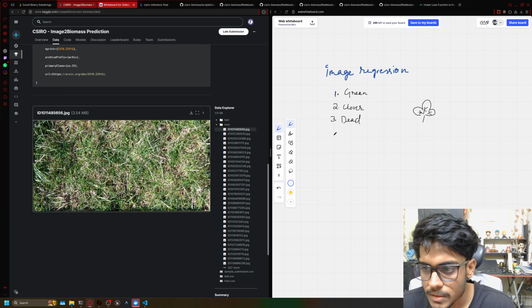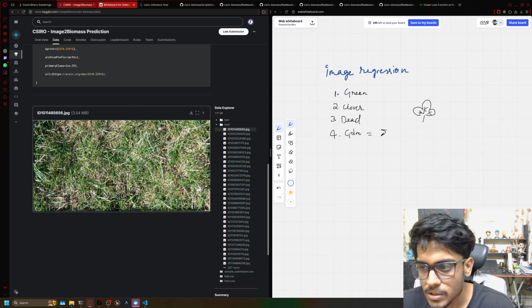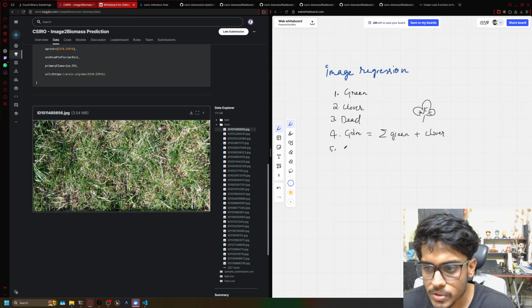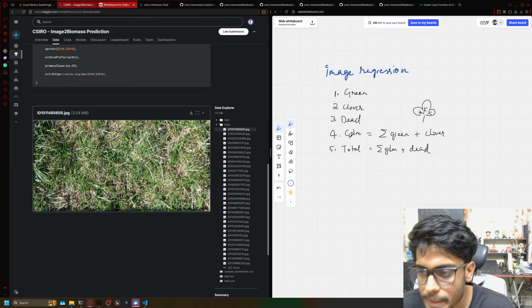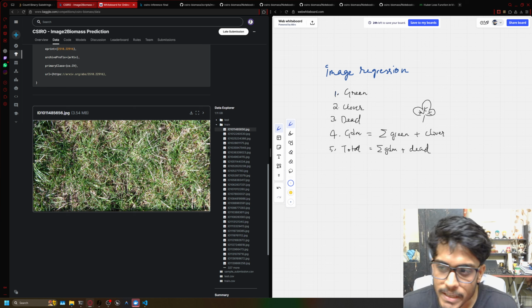Then the fourth one was GDM, which is basically a summation of how much greenness and clover it has. And the last one was total, which is the summation of GDM plus dead, so basically the summation of green, clover and dead.